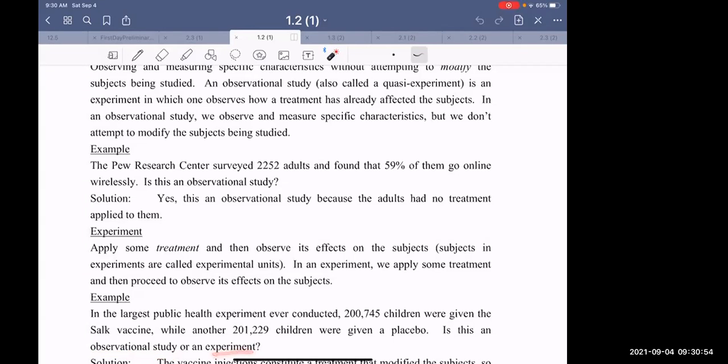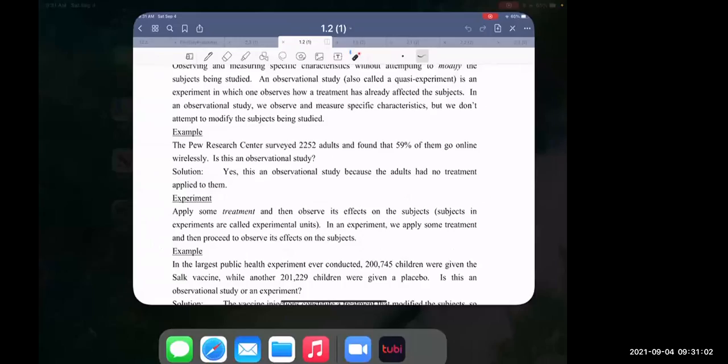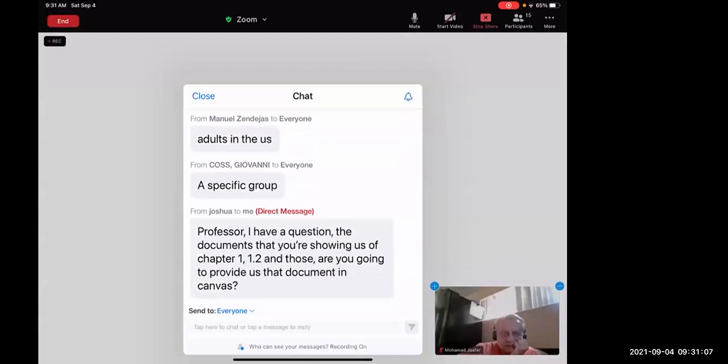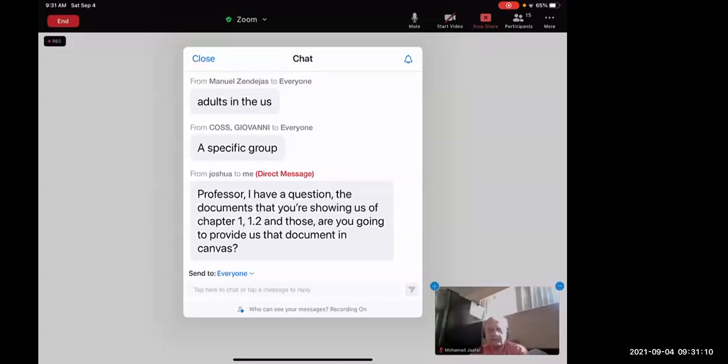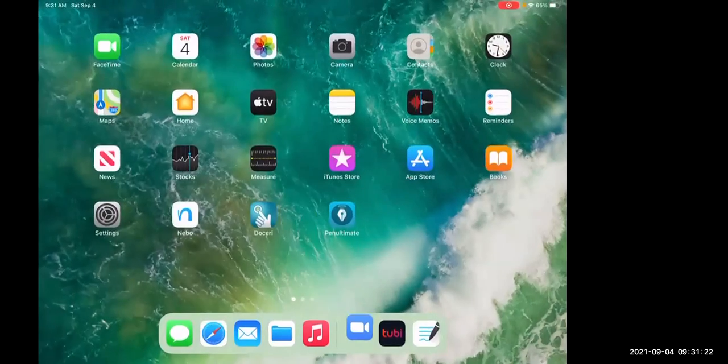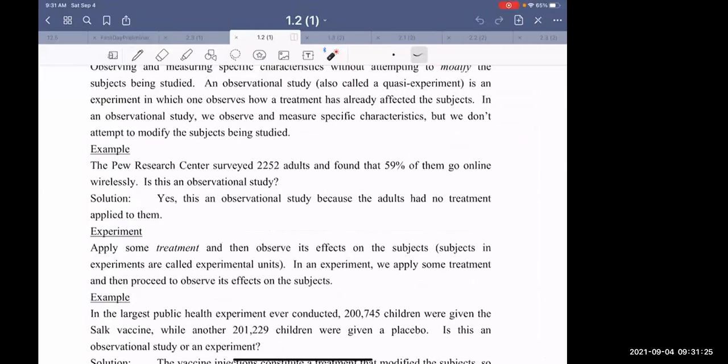So is this observational or an experiment? What do people think? Anyone, what do you think? Was this an experiment, or was this an observational study?